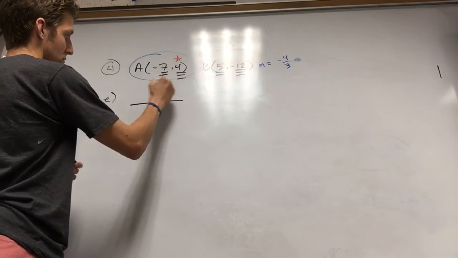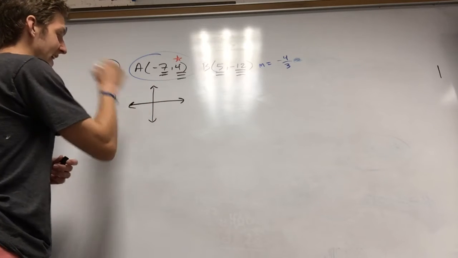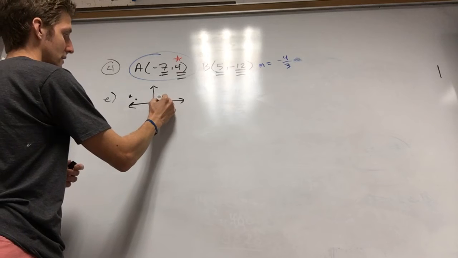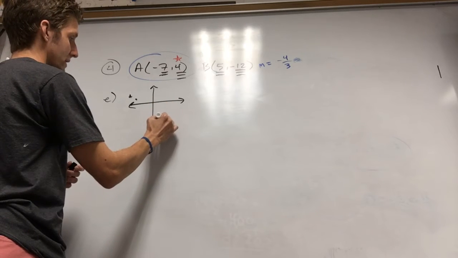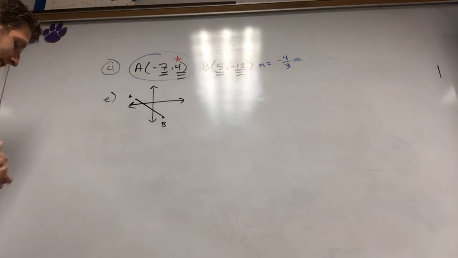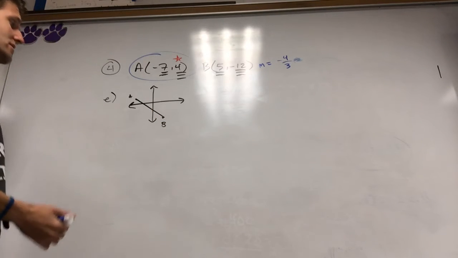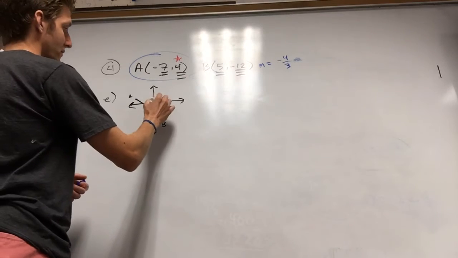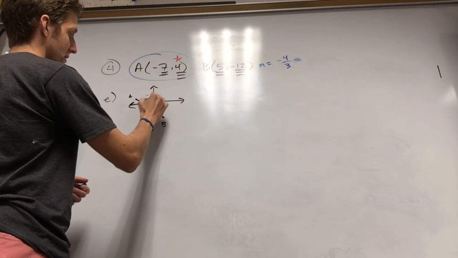Here is my XY coordinate plane. A would be about right there, and B about right there. All right. Perpendicular bisector would go in the middle, and we found that the middle was what? -1, -4, roughly there. Let's call that the middle.